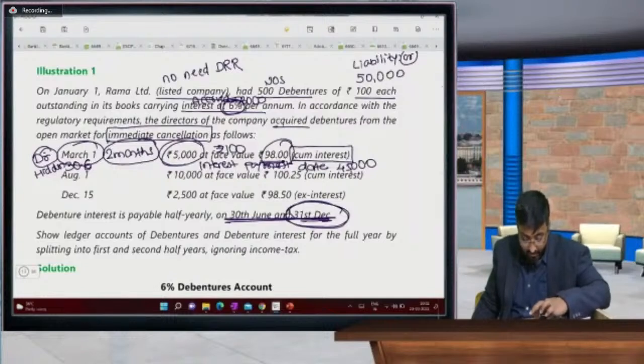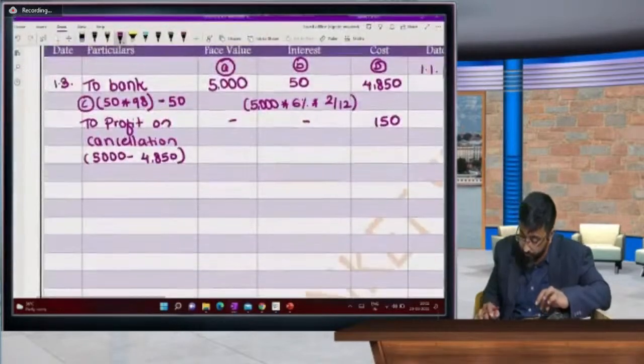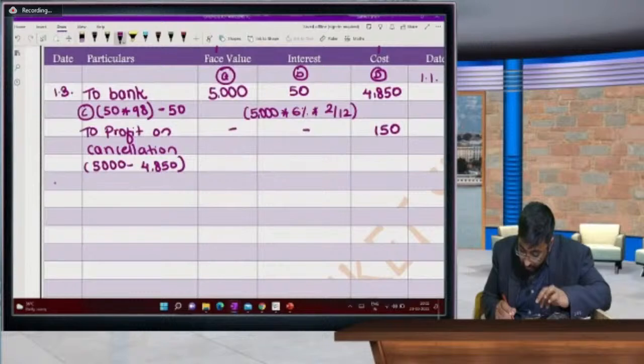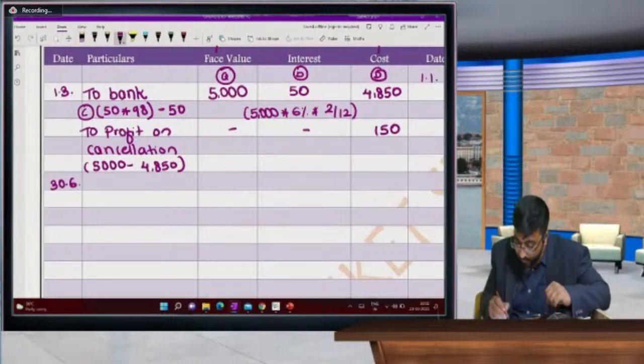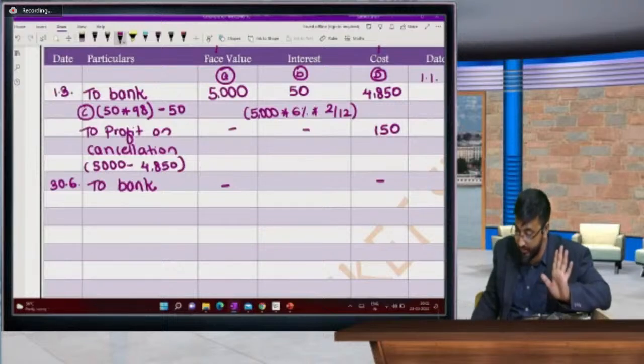ABCD technique. 45,000. So beta, next date you can understand, interest payment date 30th June to bank account. Don't write anything in face value because we are not cancelling, we are calculating only interest.